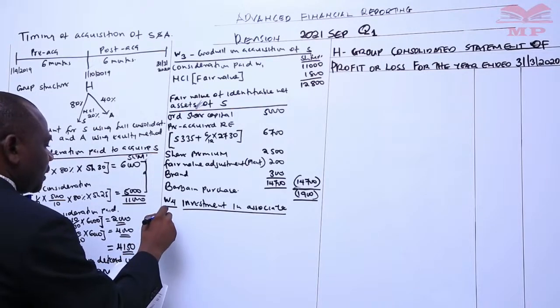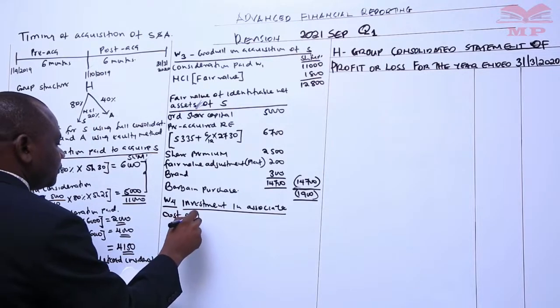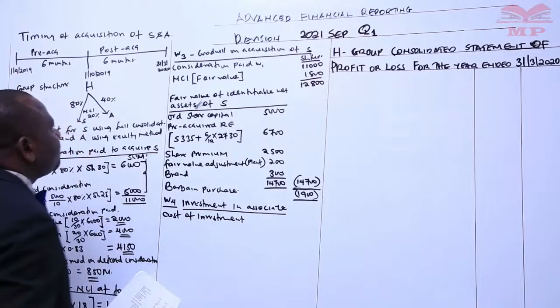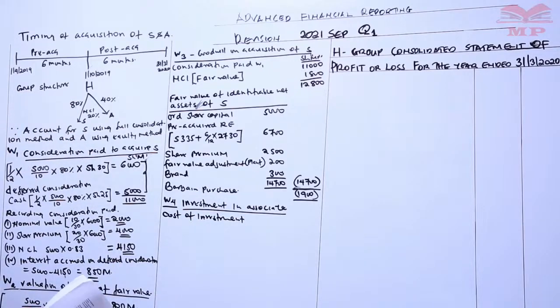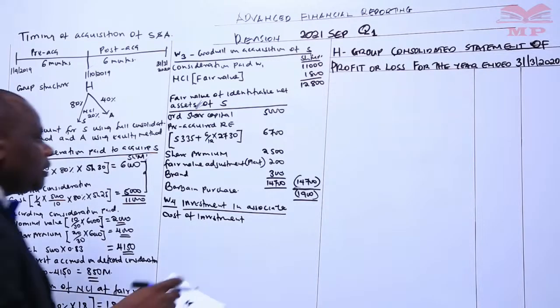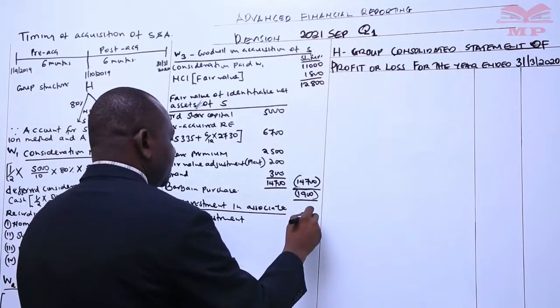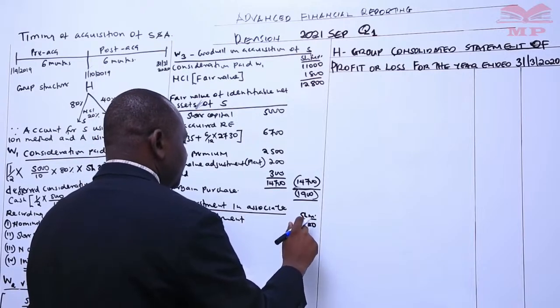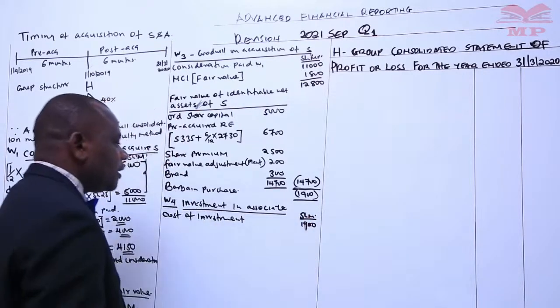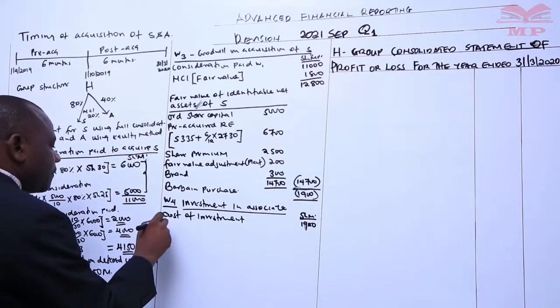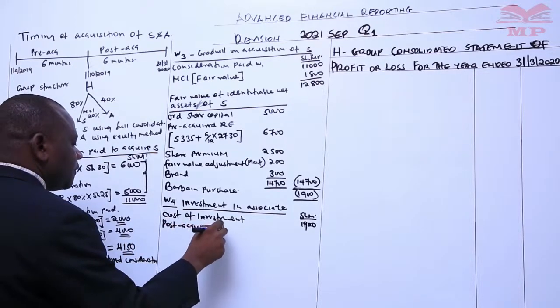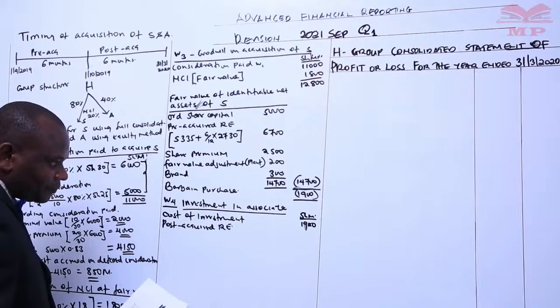So what was the cost of investment? Cost of investment, we already demonstrated here why it is 1920. So shillings in millions, 1920. Then to this we add post-acquired retained earnings.